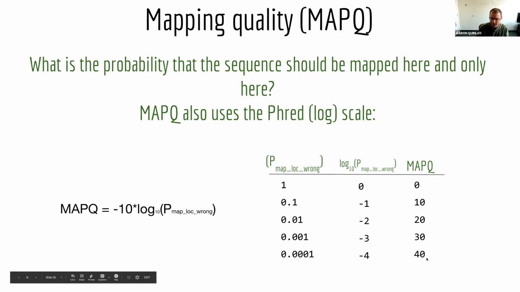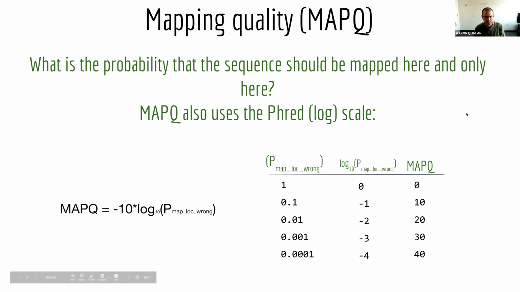Hopefully I didn't say 40 for the other one. But it leads to this kind of intuitive factor: multiples of 10 rise in the mapping quality reflect multiples of 10 decrease in the probability that the mapping location is wrong.